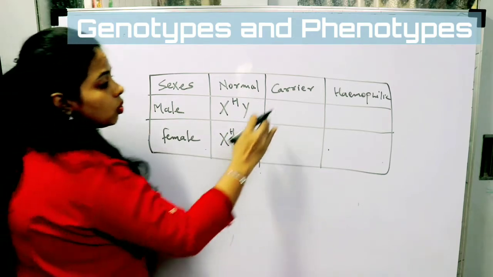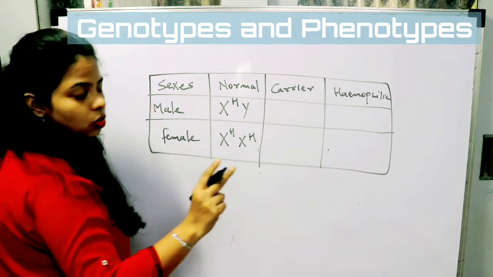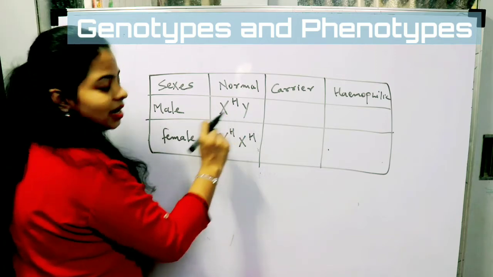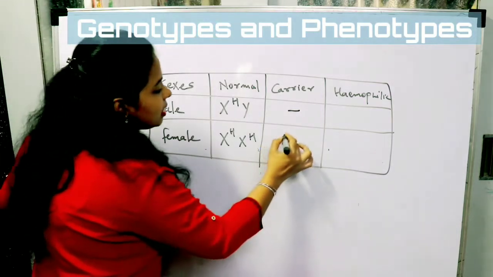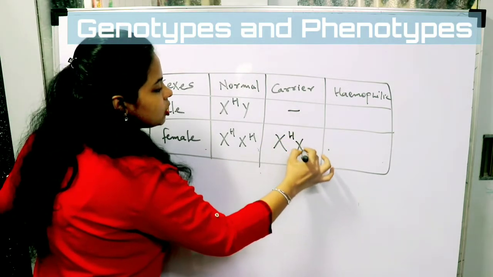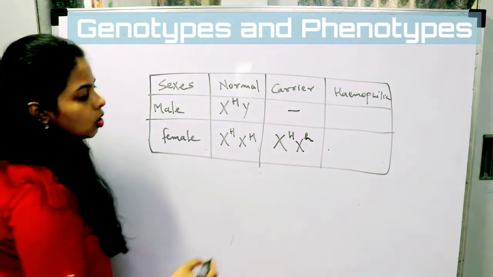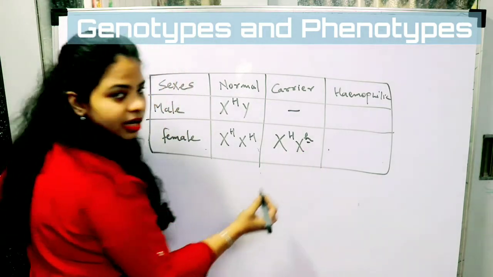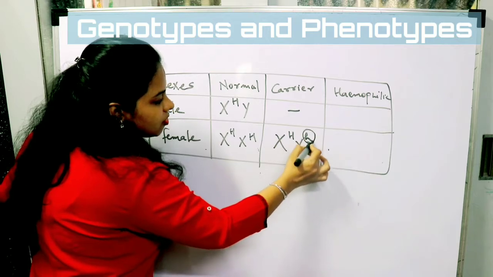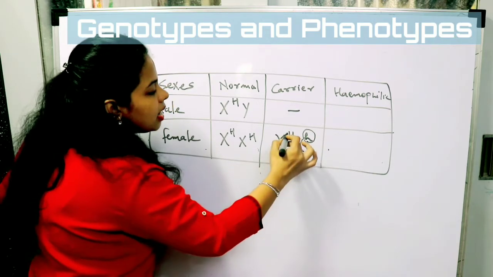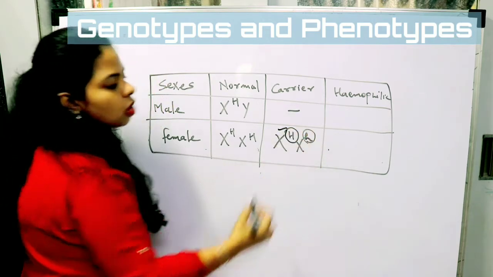Now a carrier is only possible when there are two X chromosomes, and in male there is only one X chromosome. So here there is no chance of a carrier. But in female the carrier is X capital H X small h. The female carries small h but does not express it, because the expression of small h will be masked by capital H, because capital H is dominant.